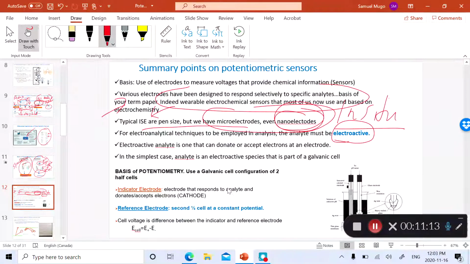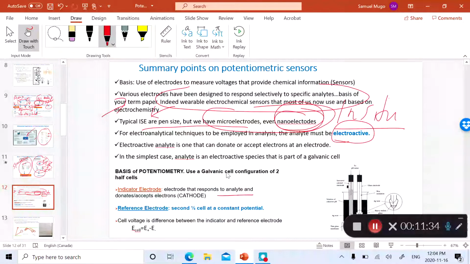Okay. Now, in terms of components, potentiometry consists largely of a two-electrode system, because like I said, the configuration is largely borrowed from the galvanic cell in either classical or non-classical potentiometry.